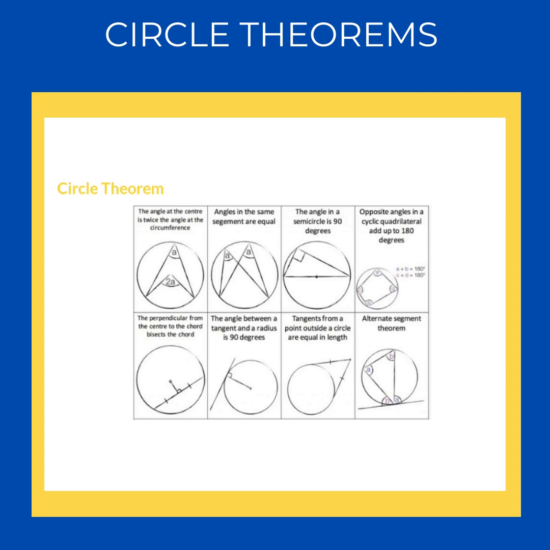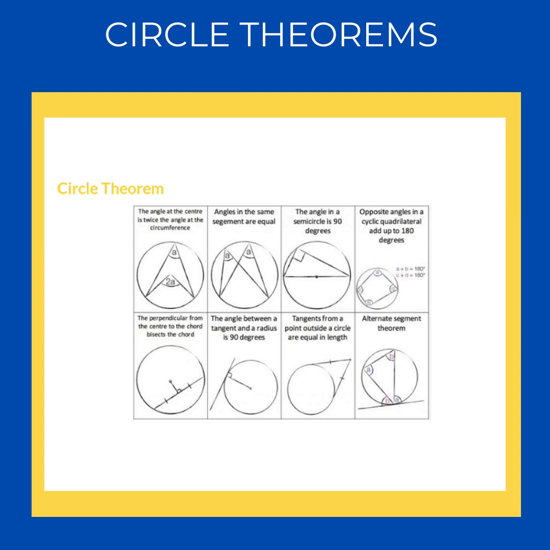The seventh theorem is tangents from a point outside a circle are equal in length. So I have a circle and this is an exterior point. Now if I draw two tangents, the first tangent is this one and the second tangent is this line.